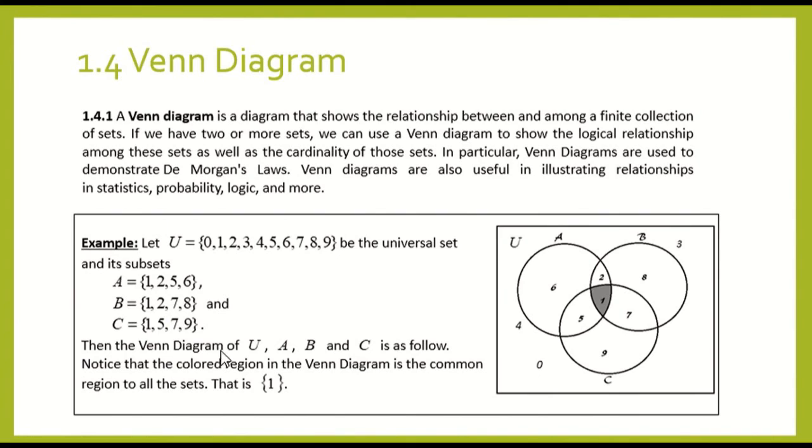Then, the Venn diagram of the universal set U, and A, B, and C is as follows. Notice that the colored region in the Venn diagram is the common region to all the sets. That is 1.